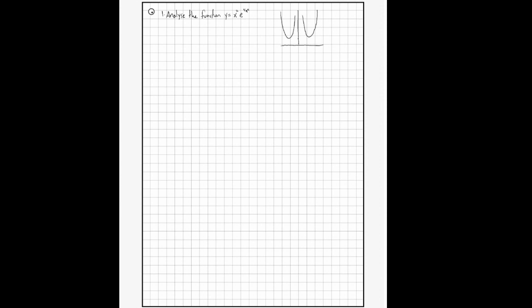If you look at this, from about right here to right here, it's decreasing, and from right here to right here, it's increasing, and then decreasing, and then increasing, right? So once I graph that, the next thing I need to do is the product rule for this equation.